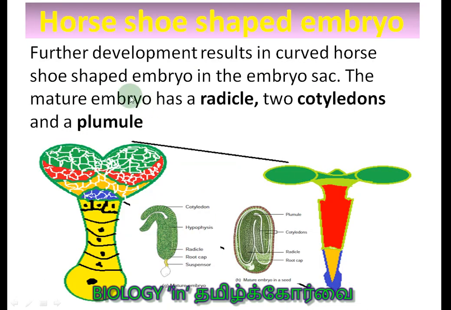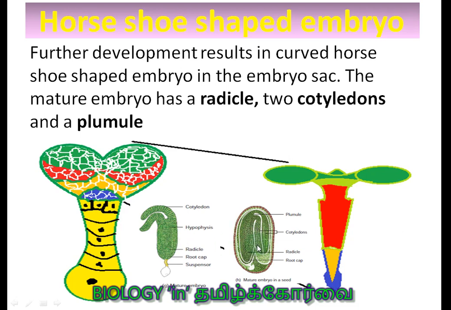Next, you see the horseshoe shaped embryo is formed. This is the horseshoe shaped embryo. Finally, these are the two diagrams given in the book. Don't confuse here: this cotyledon is on your left hand side and here it is on your right hand side. That is the difference, students. Otherwise both diagrams are the same; this is in the early maturity, this is in the advanced maturity.